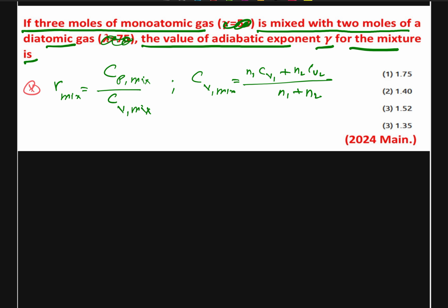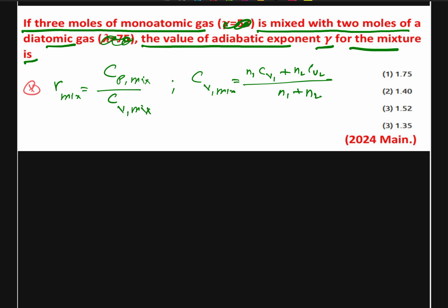So we substitute it, we get this as our C of V for our mix will be equal to, we are having a monatomic gas. Okay, let me write it separately.